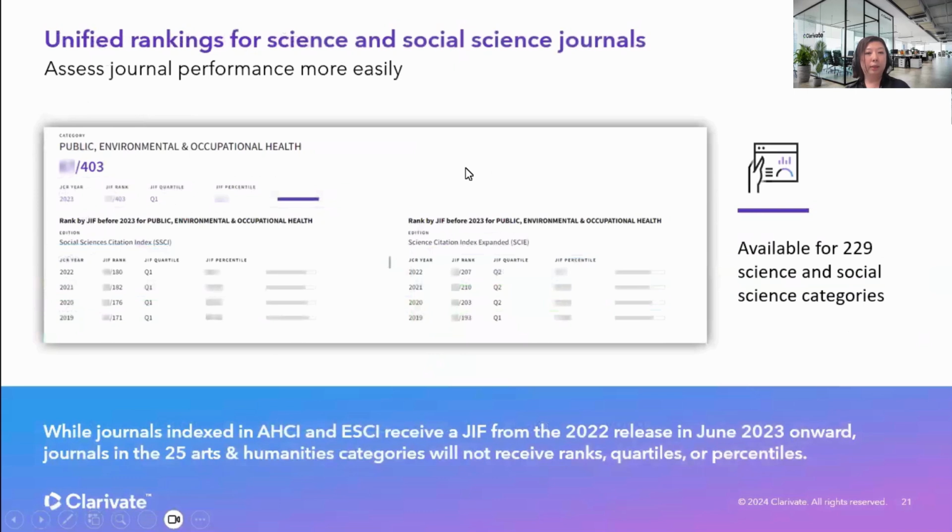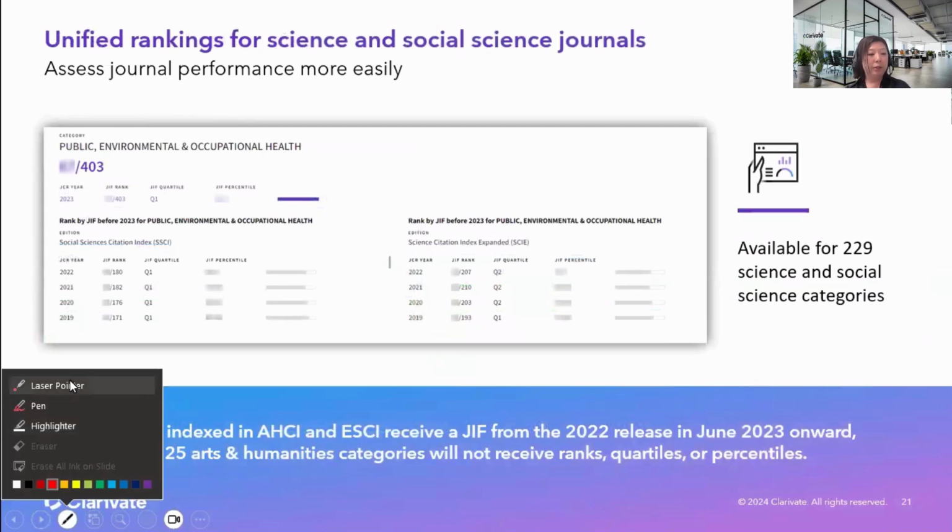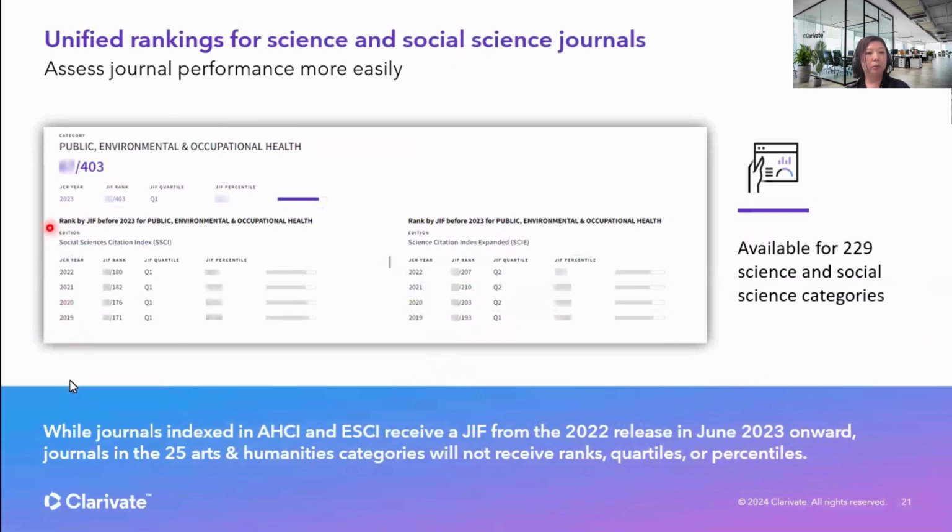This is how it looks for those with a unified ranking. When you're looking at a journal in the Journal Citation Reports, it will show you what was previously included. So you would see that this journal was in 2 editions, SSCI and SCIE, and they have different quartiles.